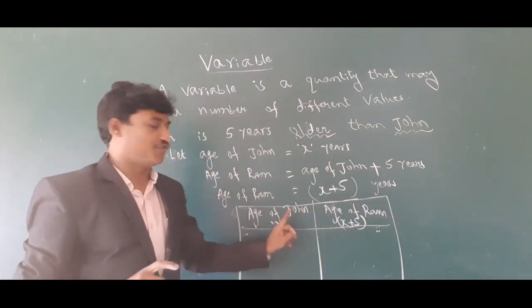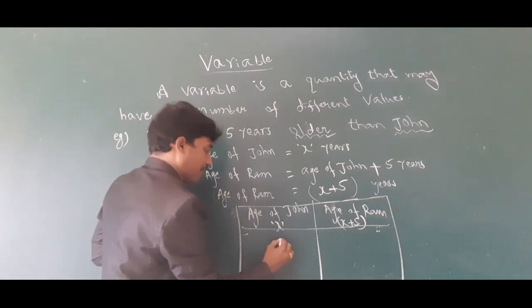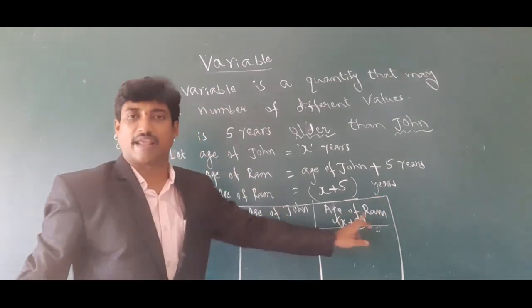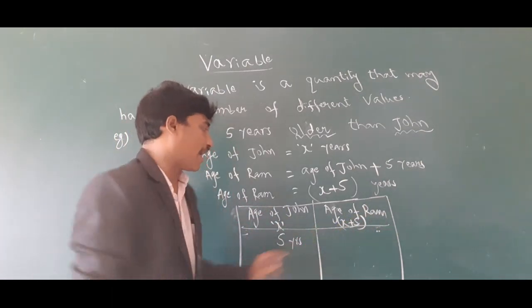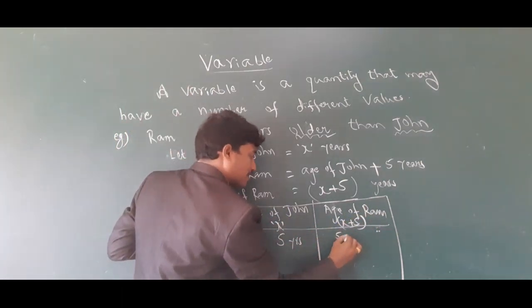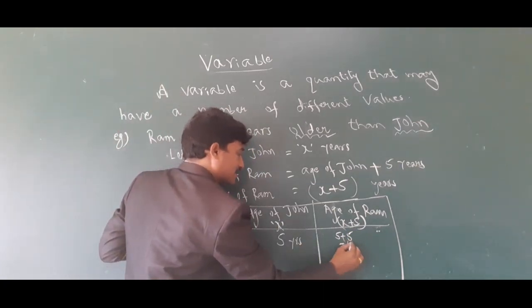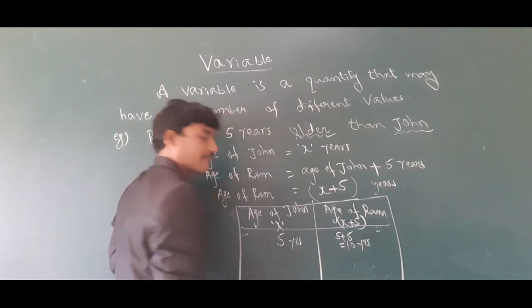If the age of John is 5 years, then the age of Ram is 5 plus 5, that is 10 years.